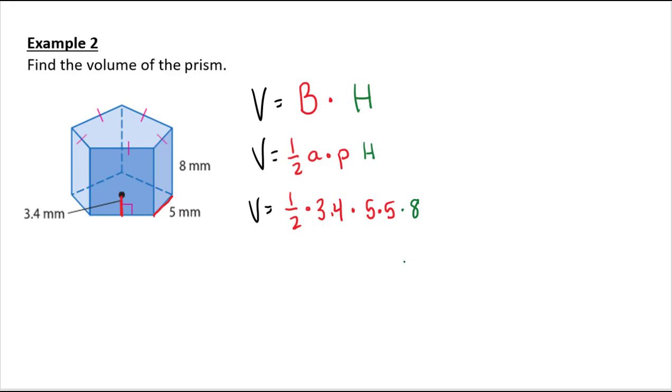The value is 8. Okay. And so then from there, that's just a matter of multiplying. You can just multiply all those numbers together. Remember that this is 3.4, not 3 times 4. And multiplying all those together in our calculator gets us 340 cubic millimeters.